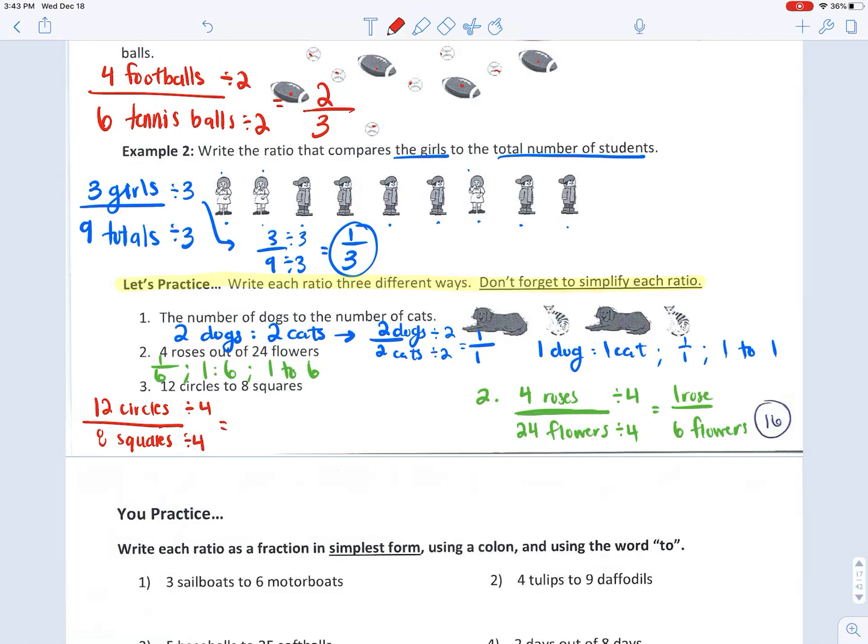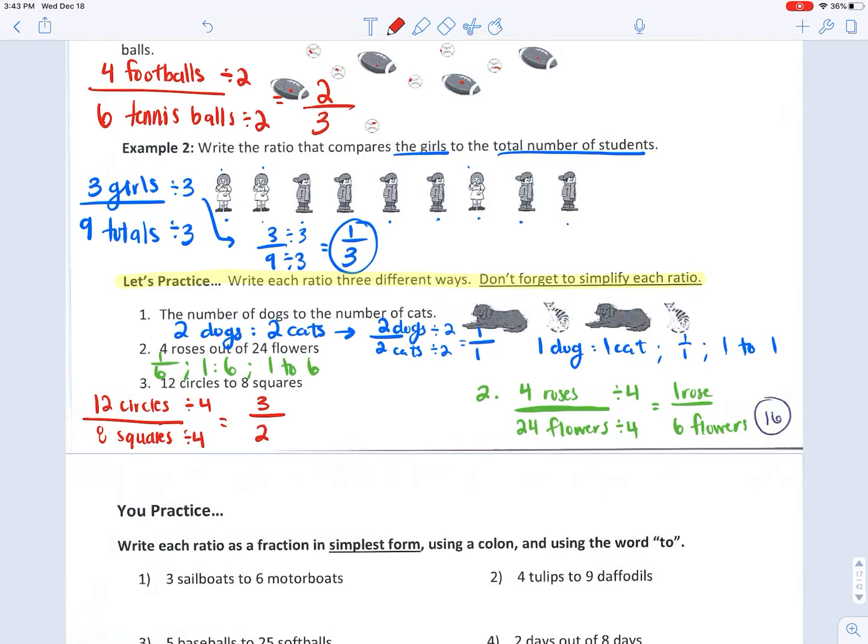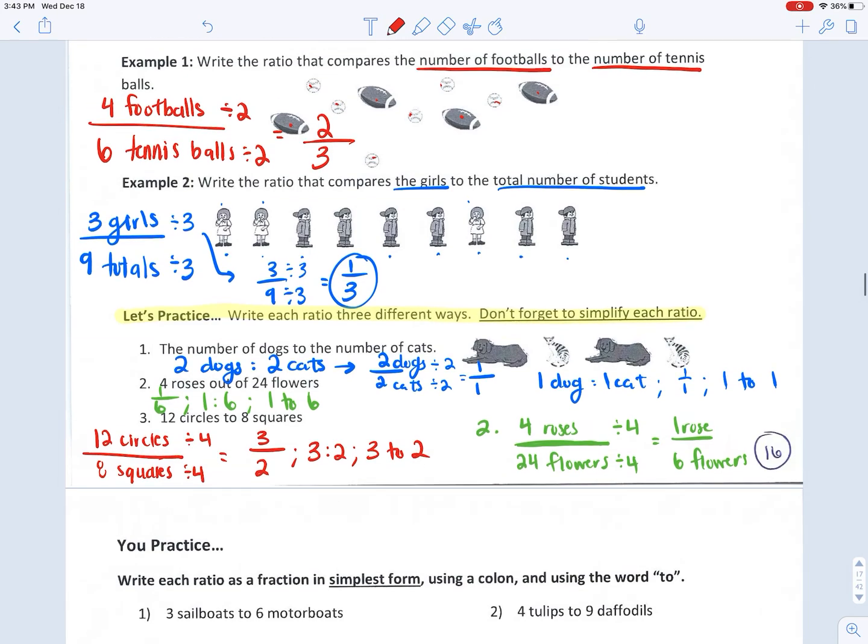So 12 divided by 4 is 3, and then 8 divided by 4 is 2. So our ratio is 3 to 2. And you can write this like a fraction. You can write it with a colon. You can also write it in words, 3 to 2. And there we go.